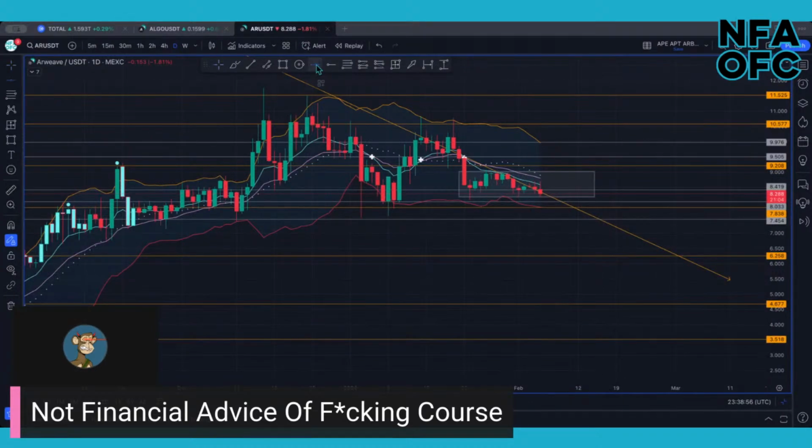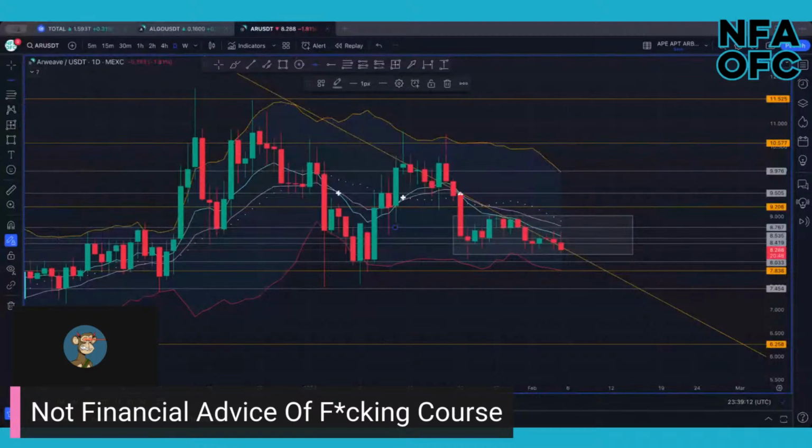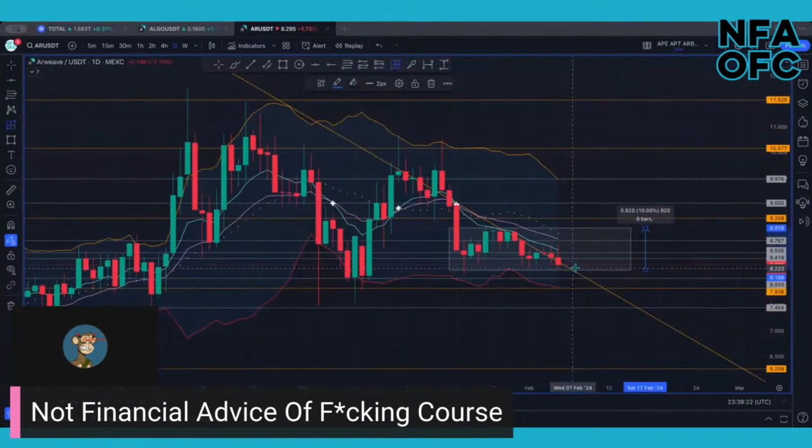Let's drop a daily there. Again, how much are these lines? Bottom to top of that consolidation right now is a healthy 10%.